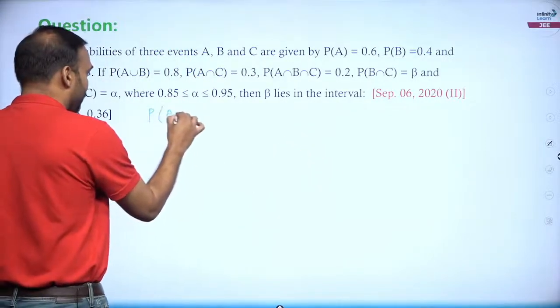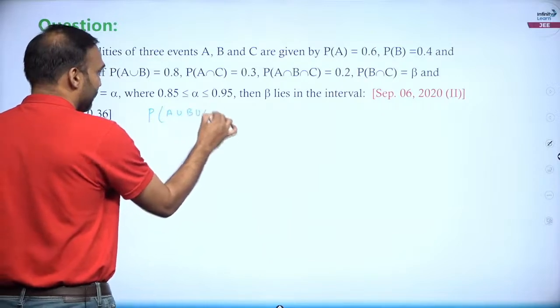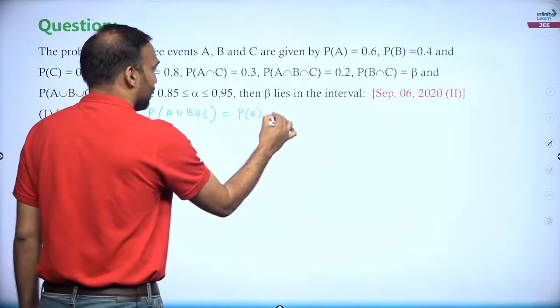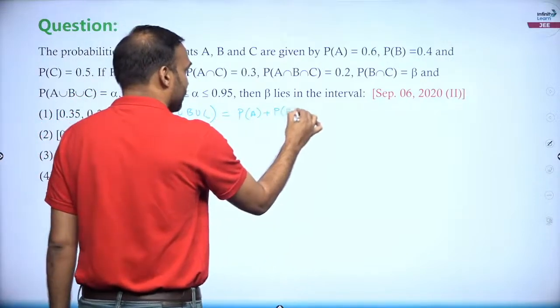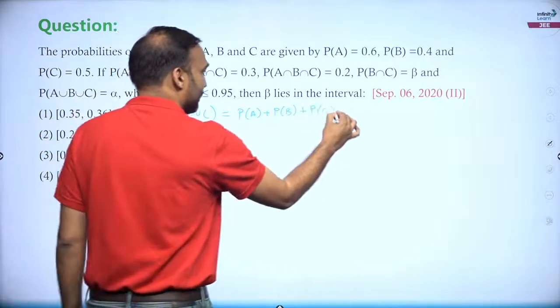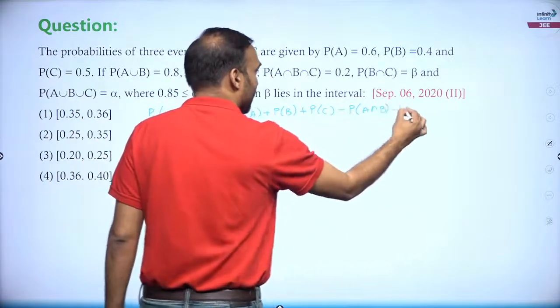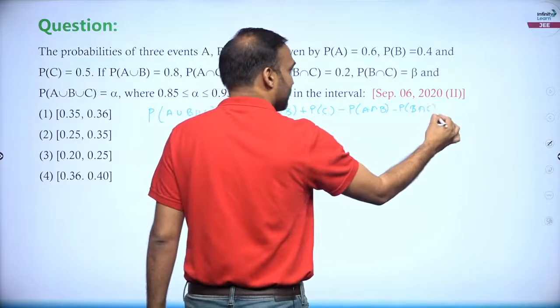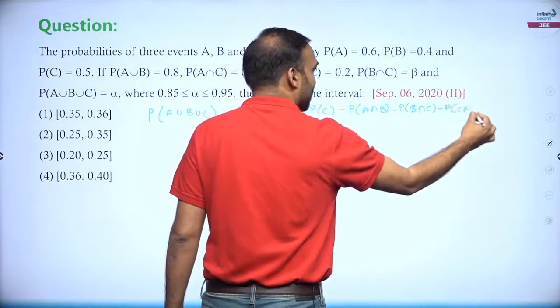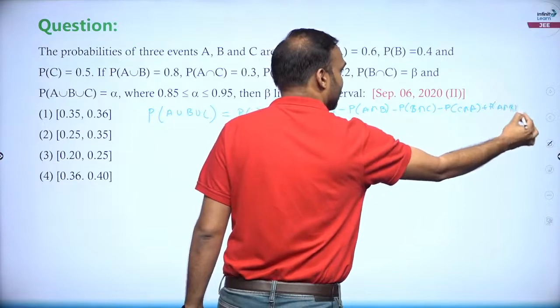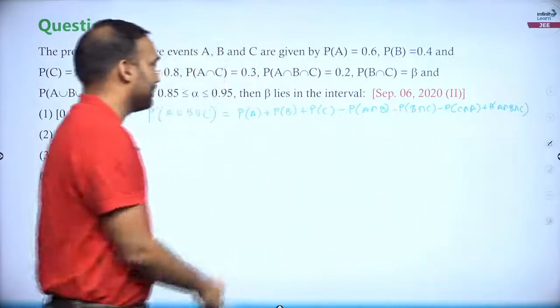P of A union B union C, right? There are 3 sets. It is PA plus PB plus PC minus P A intersection B minus P B intersection C minus P C intersection A plus P A intersection B intersection C. Right, this is the formula.